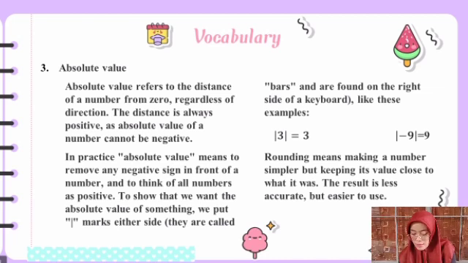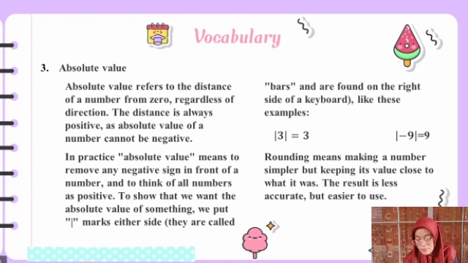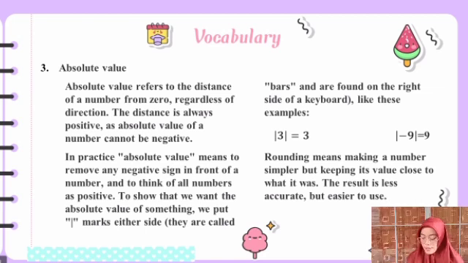To show that we want the absolute value of something, we put a symbol like this, marks on either side. They are called bars and are found on the right side of the keyboard. For example, the absolute value of 3 equals 3, and the absolute value of -9.